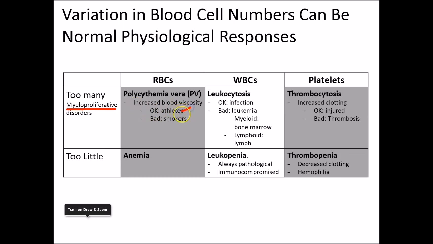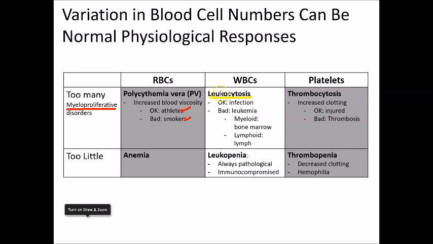Increased viscosity of blood for athletes is okay because they can carry more oxygen if they have too many red cells, but bad for smokers because they're more likely to have a heart attack or some sort of thing like that. For the white blood cells, if you have too many, it's called leukocytosis.